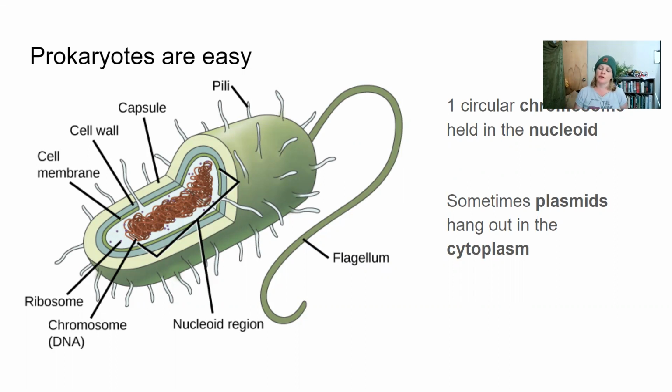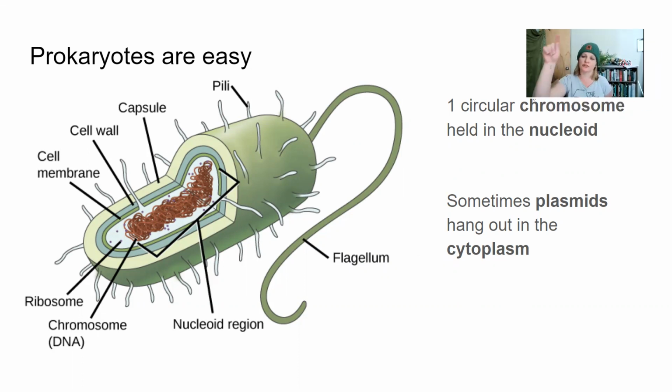Let's remember that prokaryotes are single-celled organisms. They are very simple compared to eukaryotes. They have one circular chromosome that's held within the nucleoid region. That's here. This little squiggly line is one chromosome that's circular, bunched up into a little ball like that.